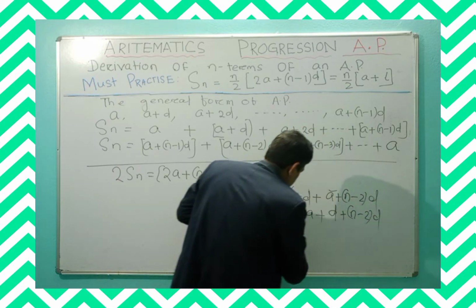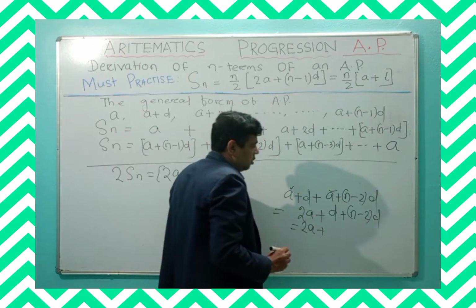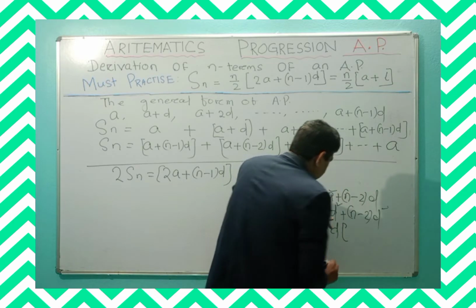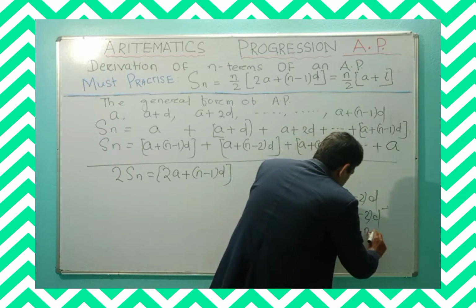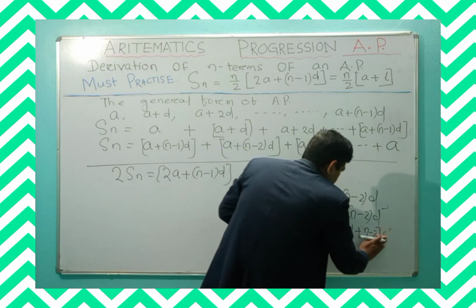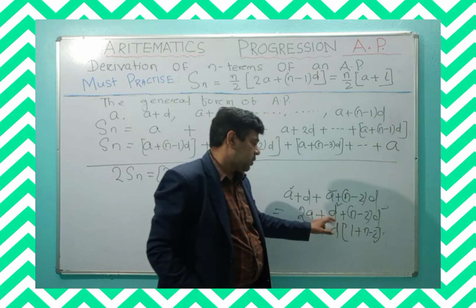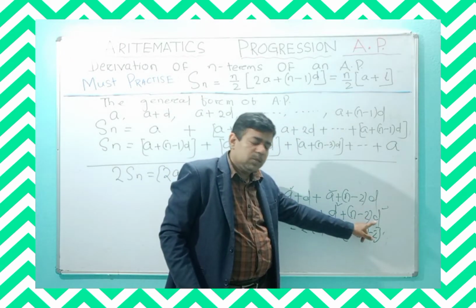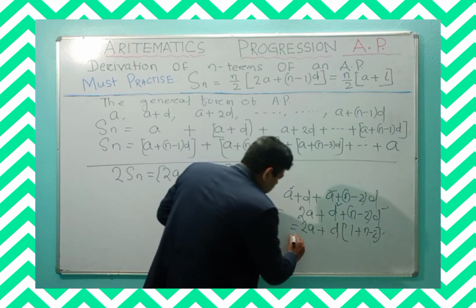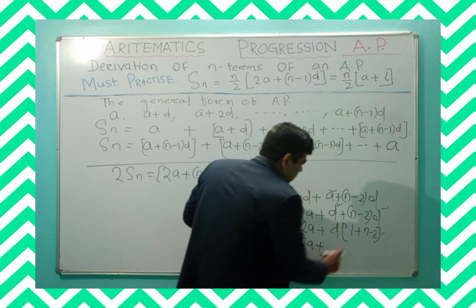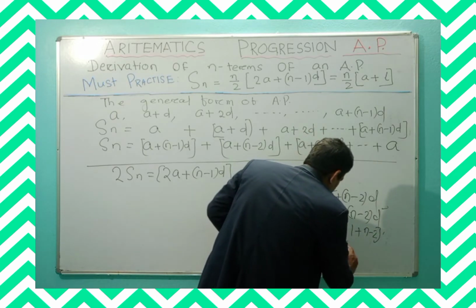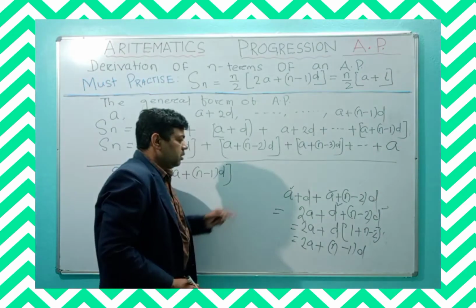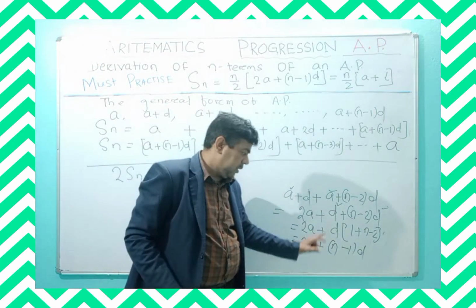Let us arrange it: 2a plus, here d can be taken as common. After taking d common, it will be 1 plus n minus 2, whole into d. So it will be 2a plus n minus 1 into d, right? Understand?